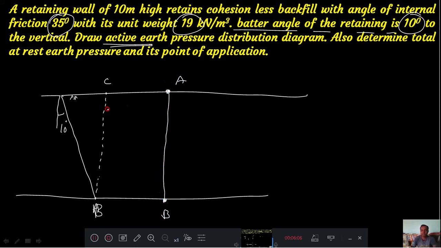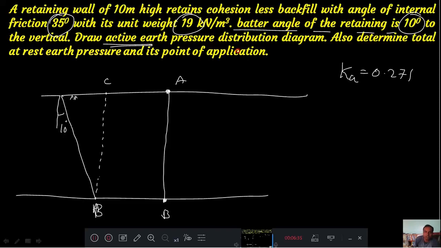Okay, then first Ka I need to calculate. Ka equal to 1 minus sine 35 divided by 1 plus sine 35, that is 0.271. Then sigma h at A will be 0 because top surface, and sigma h at B will be equal to K into vertical stress. K is 0.271, this is gamma into h.